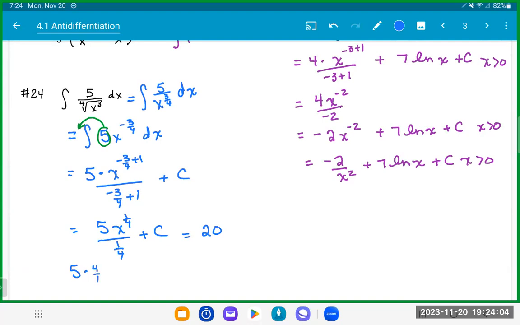Because if I'm dividing by 1/4, I can multiply by its reciprocal, so it is 20x to the 1/4 plus c. And the last thing we want to do is take that 1/4 and put it back into root format. So that's 20 fourth root of x plus c. Okay? Question.